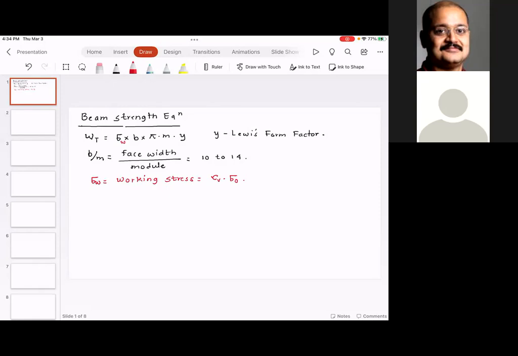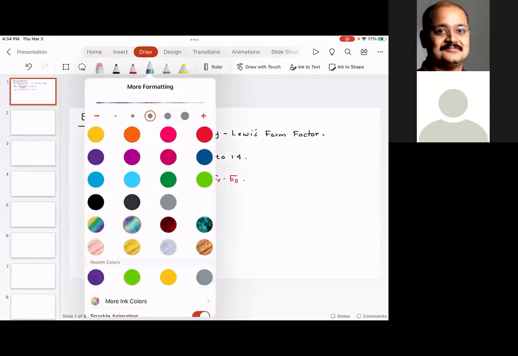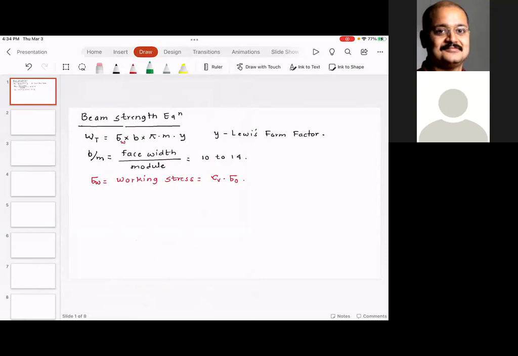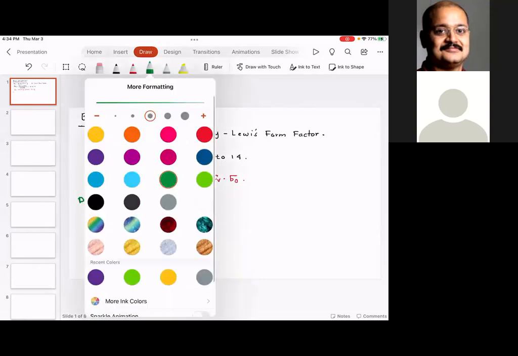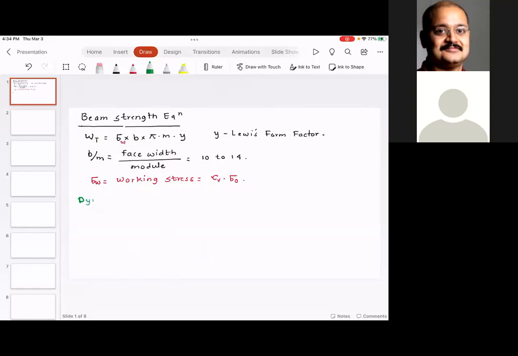The next equation that we have to look at is the dynamic load equation. This equation for dynamic load comes from dimensional analysis or Buckingham Pi analysis.